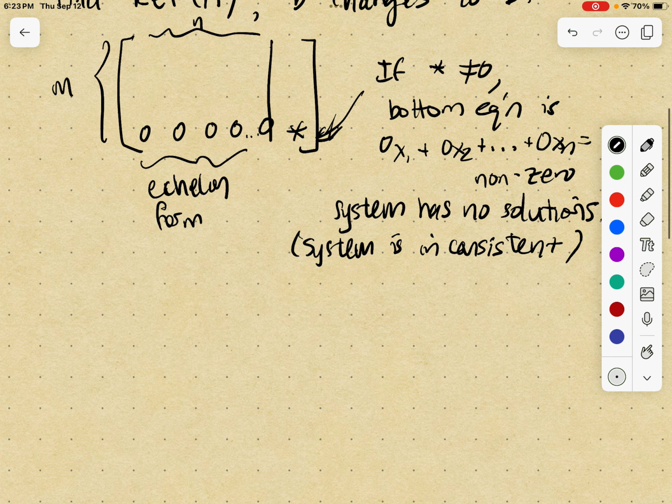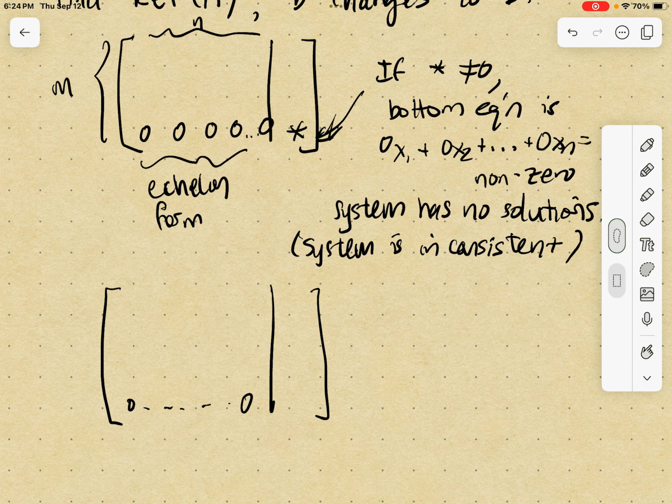Okay, now what happens if you get a row of zeros in the A part, but then in the b part, right, this column, some books call this the vector of constants, the augmented part, let's say that you get 0. When you have something like this, where the bottom row, including the augmented part, is all zeros, a common misconception is that the system has infinitely many solutions. It's not true, okay?